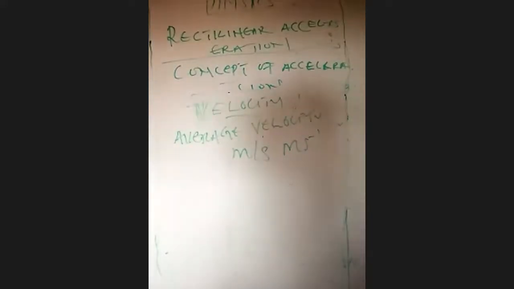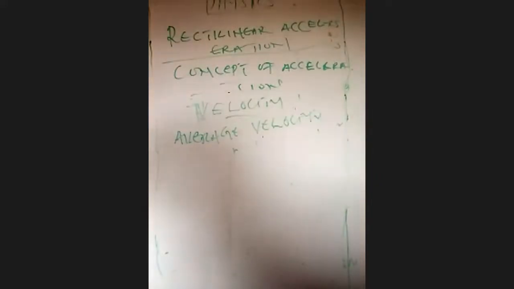Now let's start to look at the average velocity. Average velocity is different from normal velocity. We have said that velocity is the rate of change of displacement with respect to time, but average velocity is the ratio of total displacement taken over time interval t.